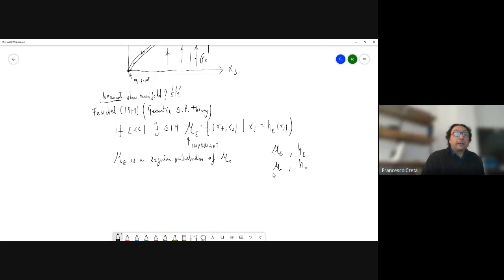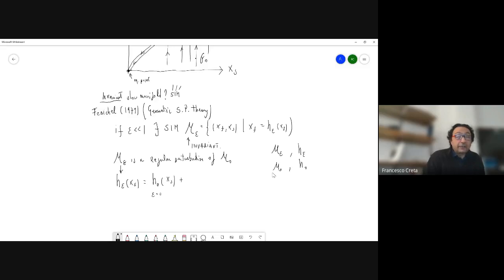So a regular perturbation means that essentially h epsilon of the slow variable, the graph of this slow manifold, is representable as a regular perturbation. It means that h0, representing epsilon equals 0, is the first term of a series expansion.